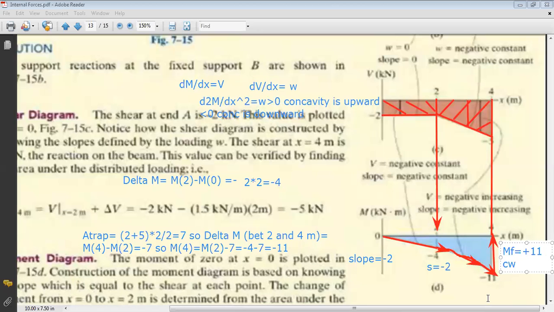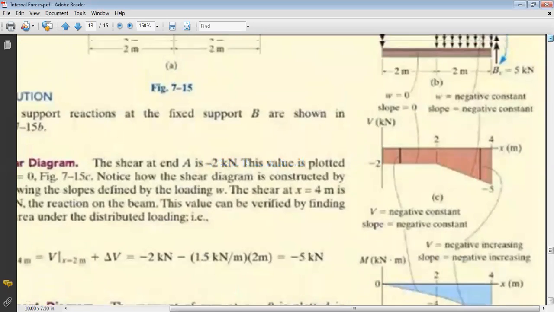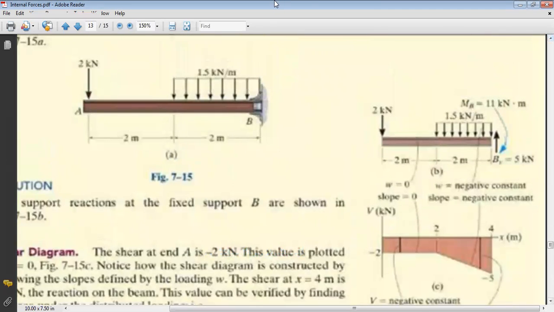Let us verify this together. Okay, to verify this, we will go back to the beam. Okay, let us say that I want to calculate the couple, the clockwise couple at the fixity. To calculate this couple, I can do sum of moments about B equals to 0.